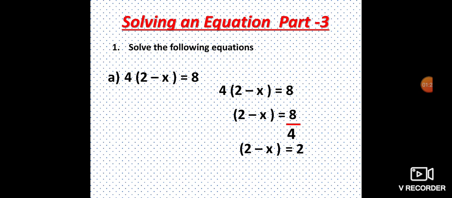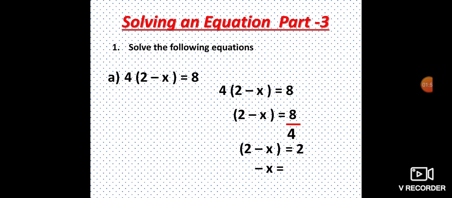In the next step, we transpose 2. Here 2 minus x, that is 2 subtracted x. So, the sign of 2 is plus. We transpose this 2 from LHS to RHS. Then 2 becomes minus 2. Then remaining minus x. Listen very carefully.